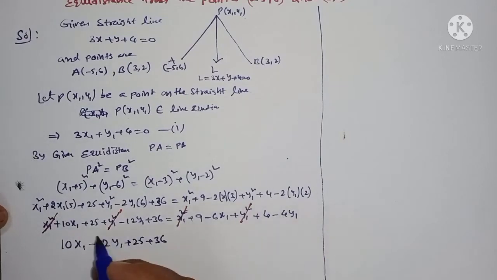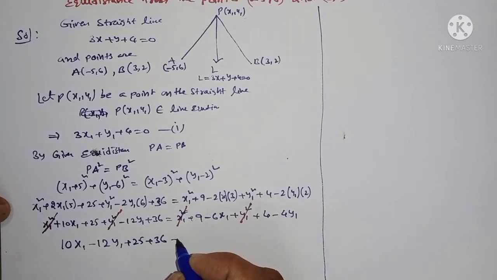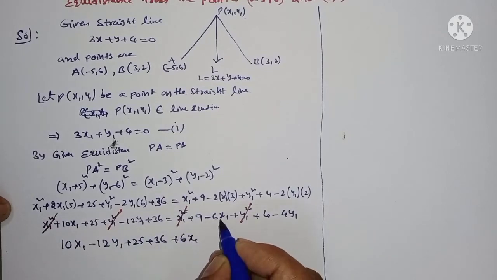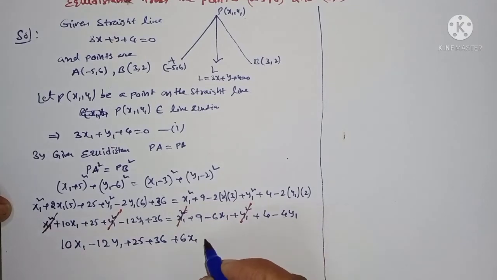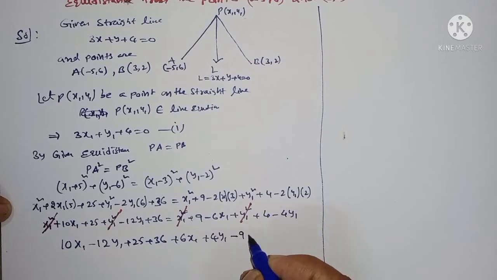Bring all the remaining terms to this side. The -6x1 becomes +6x1, the -4y1 becomes +4y1, and -9 - 4 stays with the constants, equal to 0.